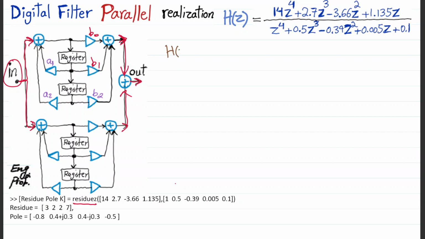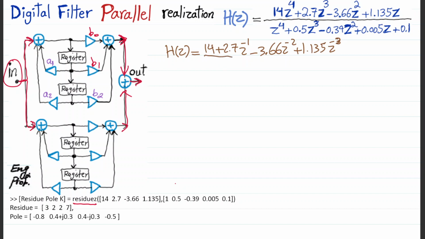So you get H of z equal to 14 plus 2.7 z^-1 minus 3.66 z^-2 plus 1.135 z^-3 in the numerator.